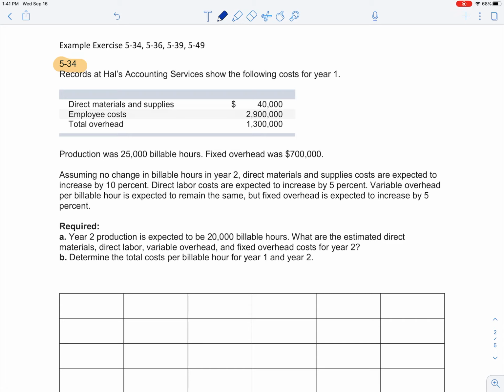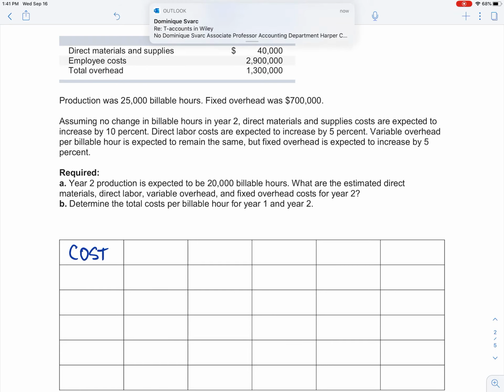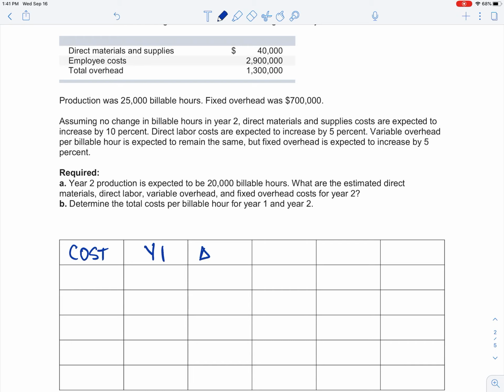So to do this, we're going to start by building out just a chart to make it a little bit simpler. We have our cost here. We're going to have what does our year one look like? What's that change in cost from year one?